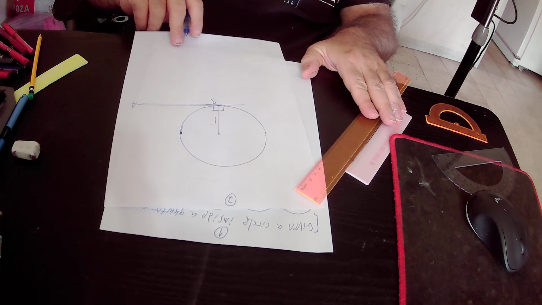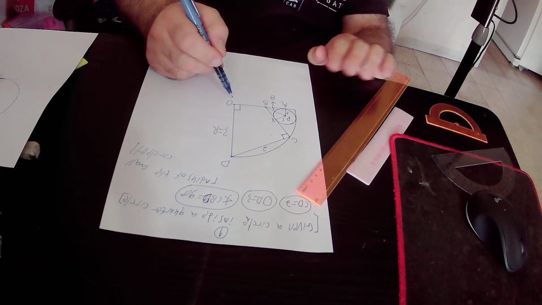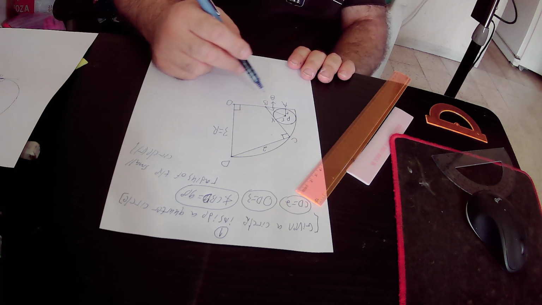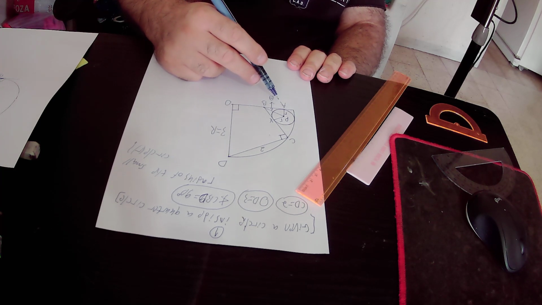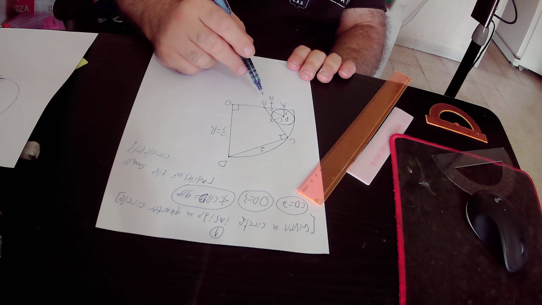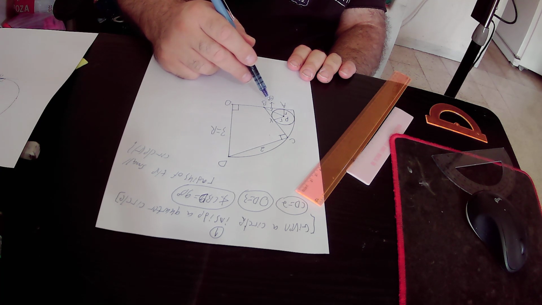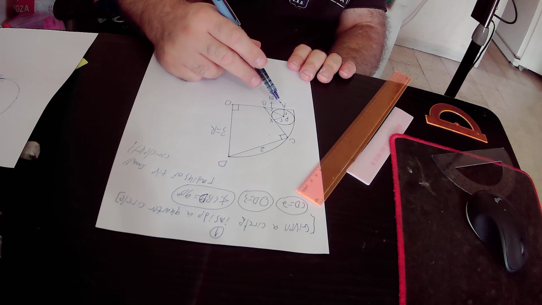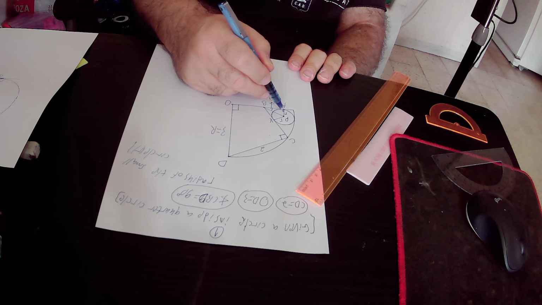Therefore, OA is tangent to the small circle, and we have the radius. The radius is perpendicular to its tangent, that is to say, this angle is equal to 90 degrees.